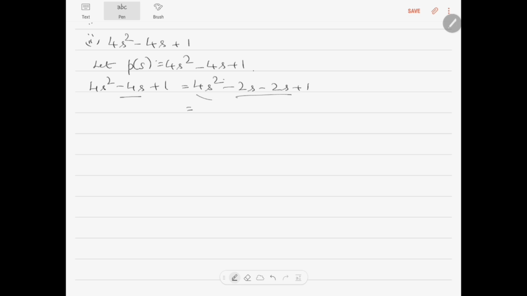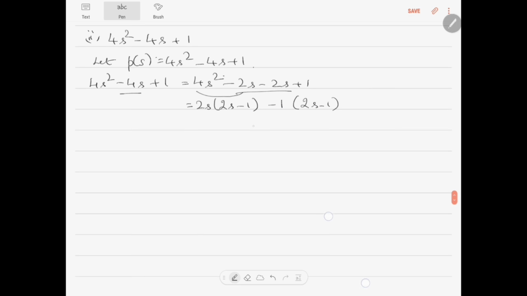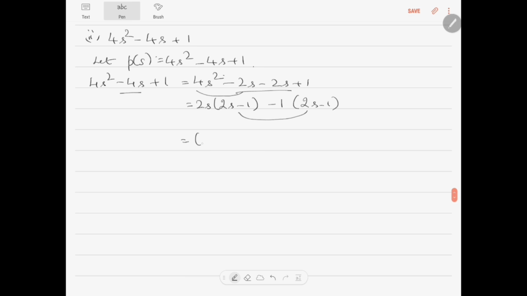So from these two terms, let's take 2s in common. We will get 2s minus 1. Here again we take the common term 2s minus 1, and we have minus 1. So taking 2s minus 1 in common, we have 2s minus 1 into 2s minus 1.